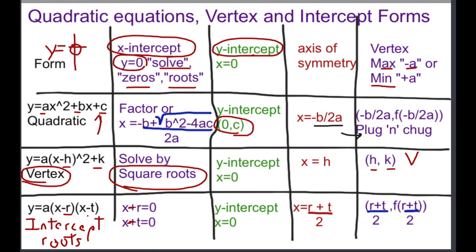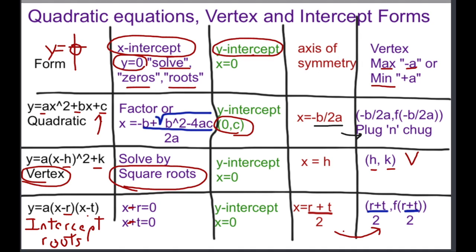Then for the axis of symmetry, you take r plus t, the first x-intercept plus the second x-intercept, and divide by 2. Then you take that answer and plug and chug into the original function.